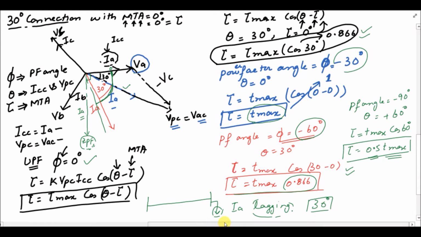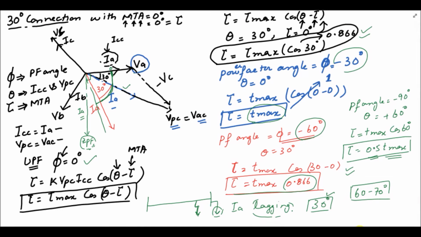So if there is a fault in this line, then there is a possibility that this current will further lag the actual load current. I'm only talking about the phase value, because the magnitude will be higher in the fault current case, but the load current will be smaller. So if there is a fault in the line, then the angle might be somewhere 60 to 70 degree value.